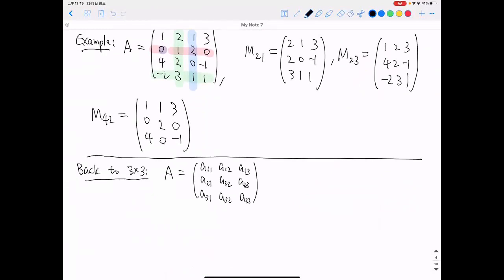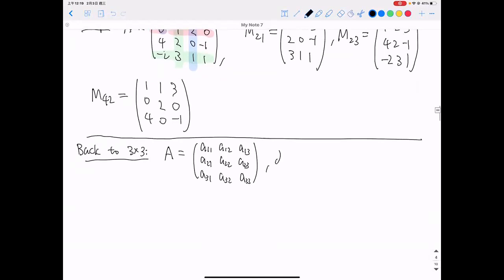Again, this is a 3 by 3 matrix. So the determinant of A, as we have defined, is a11 times the determinant of, right, what was it? It was this 2 by 2 matrix obtained by deleting the column and row containing a11.